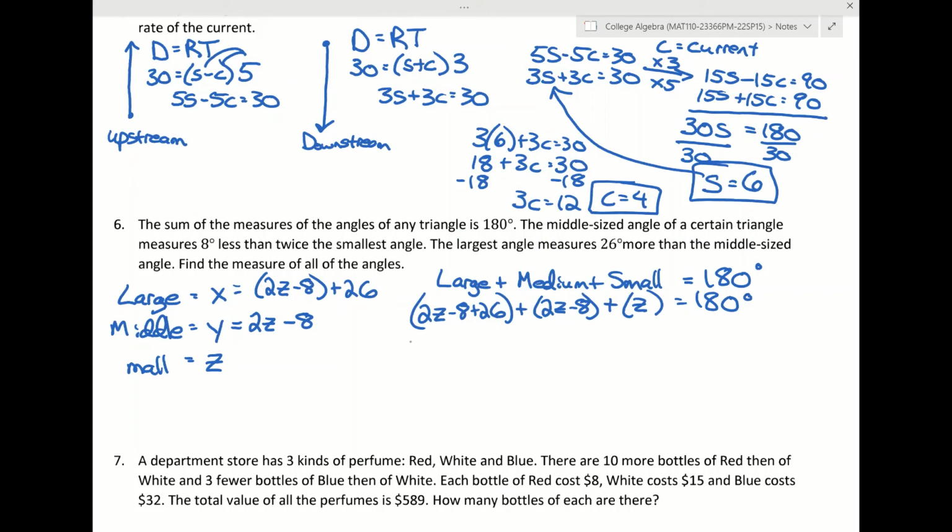We'll combine like terms. So we have 2z plus 2z plus 1z is 5z. Negative 8 plus 26 is 18. 18 minus 8 is 10.